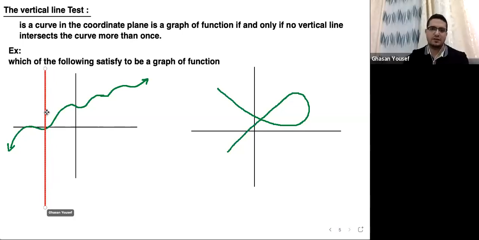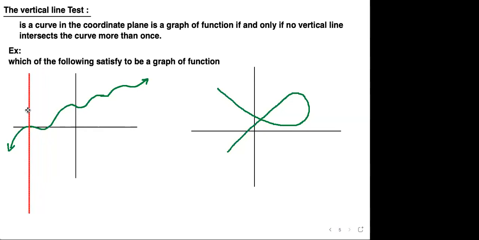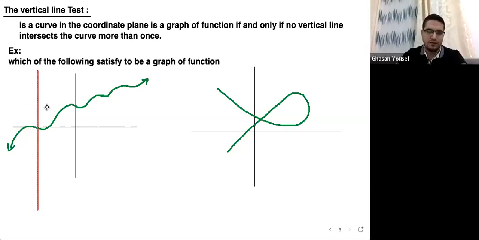It should not cross the curve more than once. Taking the red curve, as I pass the line across it, the line crosses the curve at only one point.